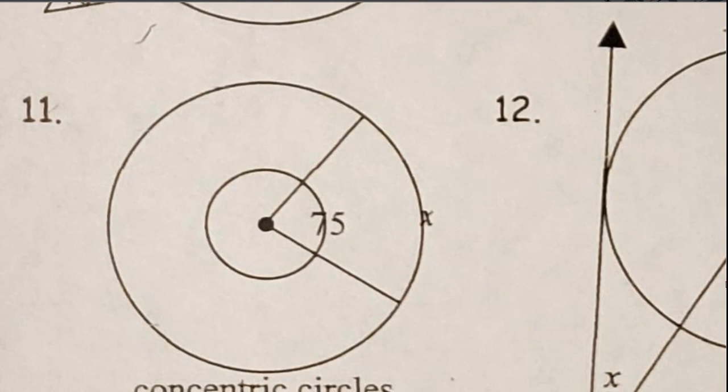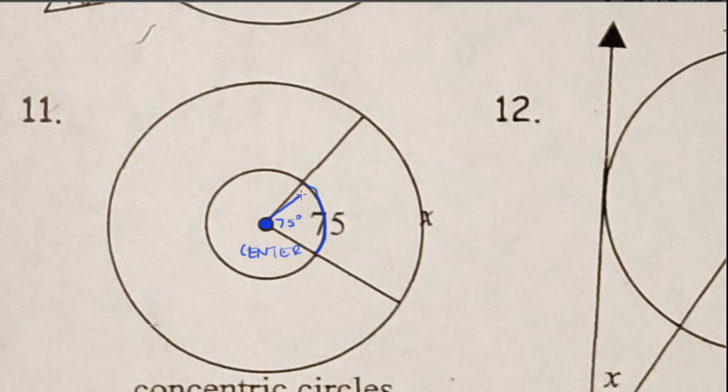Going down to 11 here, we have concentric circles. So this dot right here is the center. And because the arc is 75 degrees, so is this.